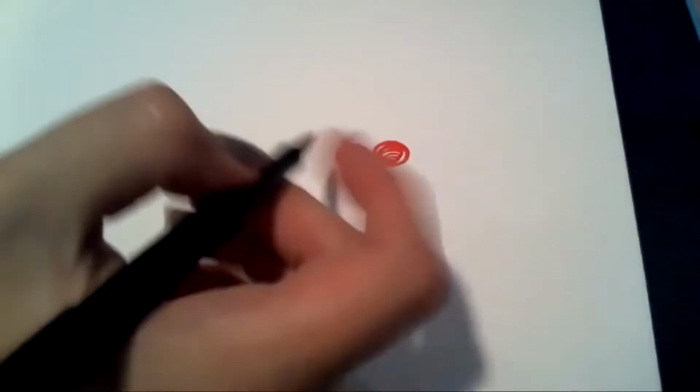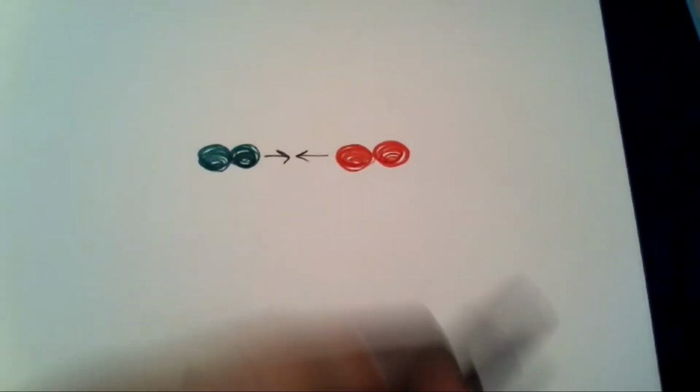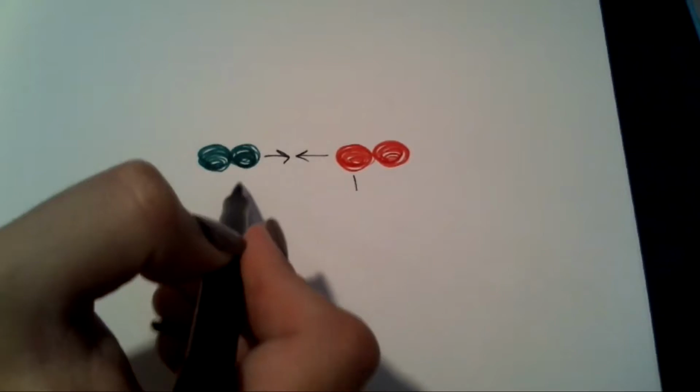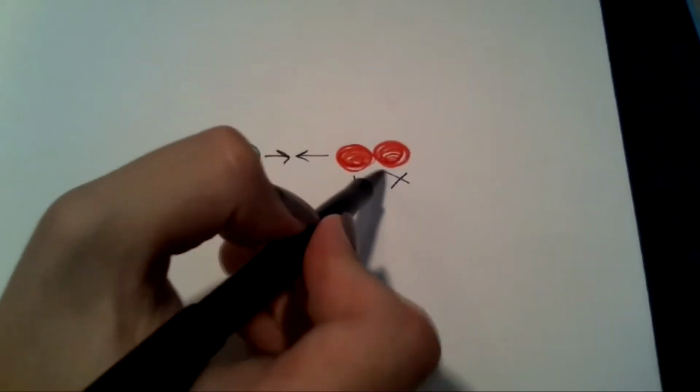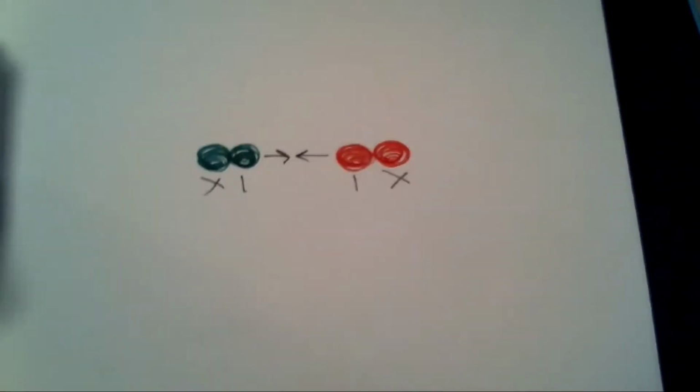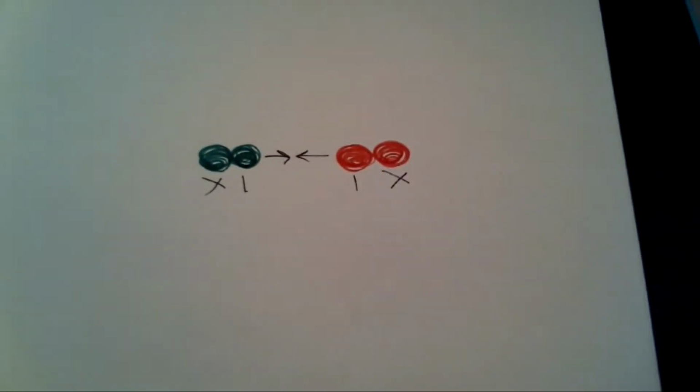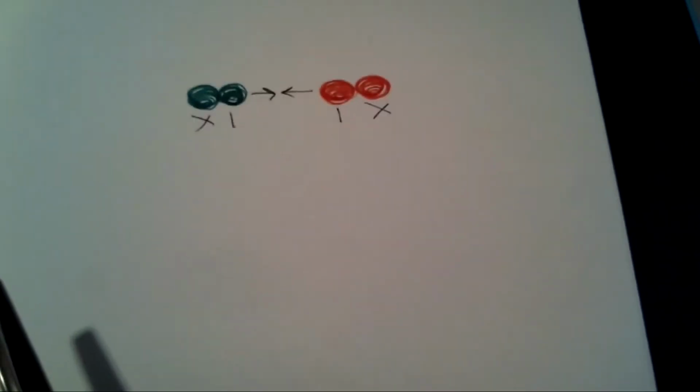If these collide like this, this first red and this first green will be able to smack into each other and have a reaction, but this red and this green will be left off into space floating around by themselves, and that is a super high energy, not going to happen type of reaction.